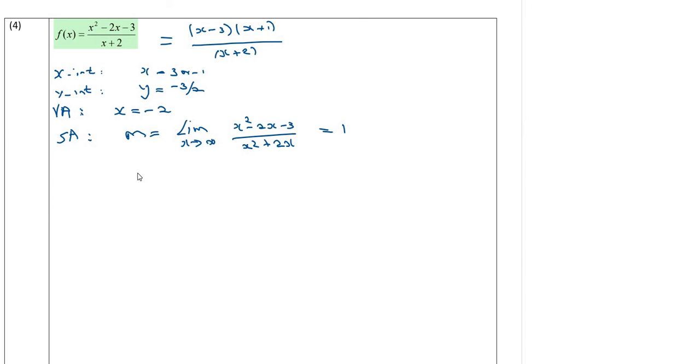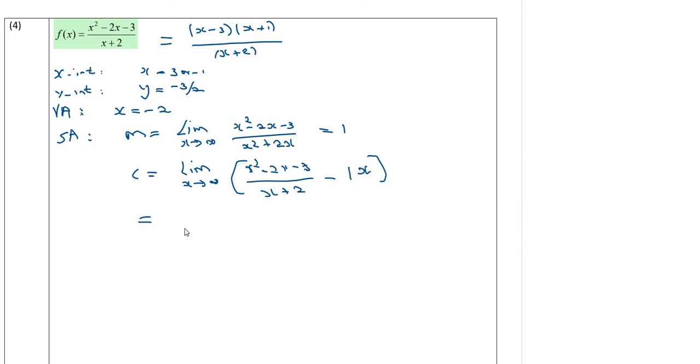Now my c will be the limit as x goes to infinity of f minus mx. Remember, it's mx. This is again 1, so don't get confused and think it's always minus x. It happened before, and that's why I'm emphasizing it now: it's not minus x, it's minus mx. So I'm going to write 1x here, so that we don't get confused.